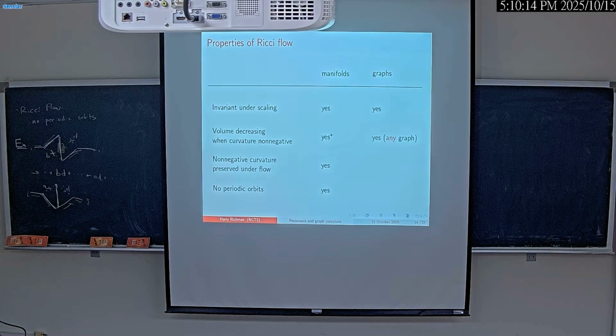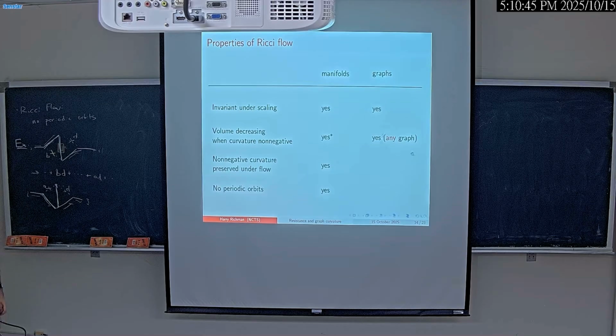For graphs, it's also true that we have this volume decreasing property, where by volume for a network, I mean taking the sum of the resistances over all edges. I can think of the resistance as the length of the edge, because physically the length of a wire is proportional to its resistance. So the length will be the one-dimensional volume.